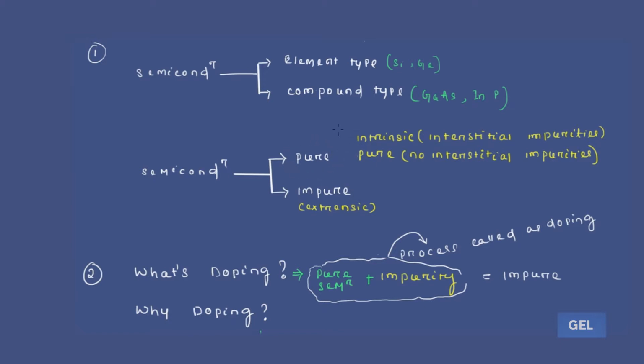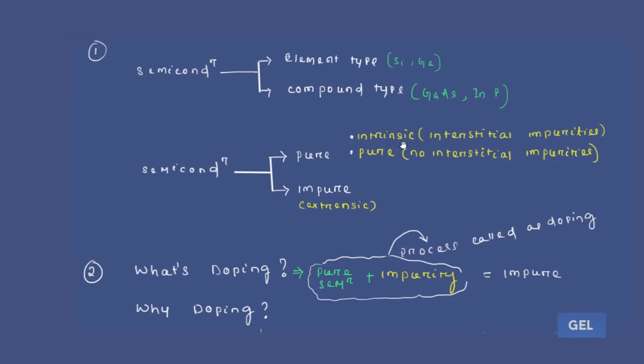As I have discussed in a previous case, semiconductor is actually divided into three categories: intrinsic semiconductor, pure semiconductor, and impure semiconductor. When any interviewer asks you what is the classification of semiconductor based on the addition or presence of impurity, you tell them semiconductor is divided into three categories.